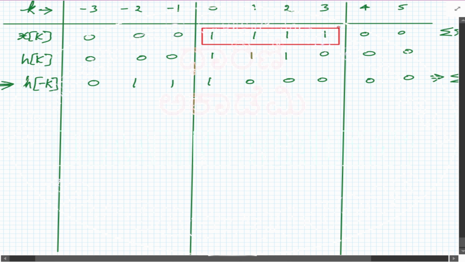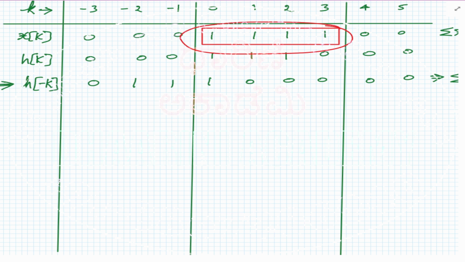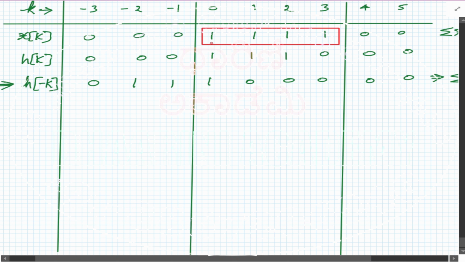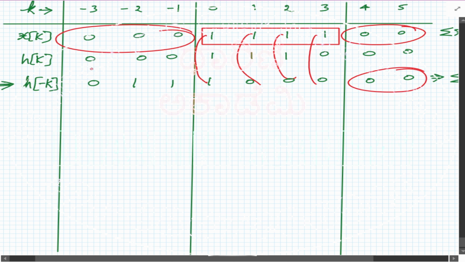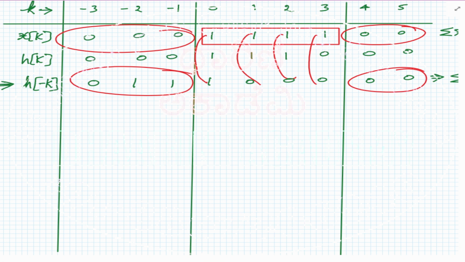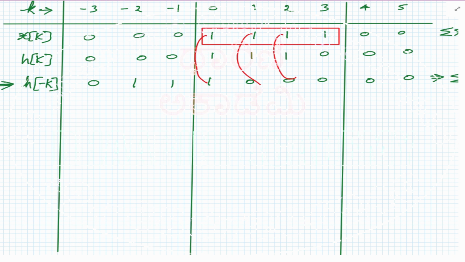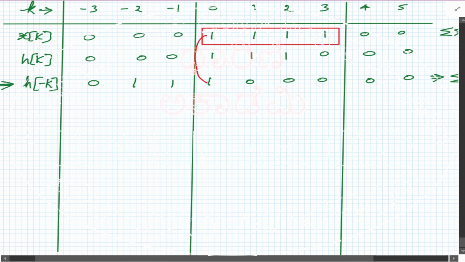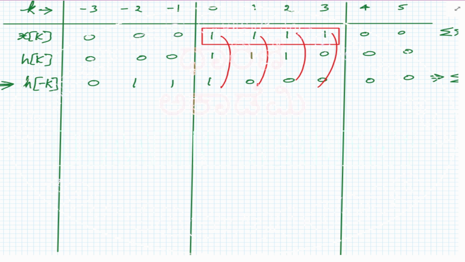Why did we put a box around this? Because only these values you need to calculate. This is 1 into 1, 1 into 0, 1 into 0, 1 into 0. That's all. Outside this, all zeros exist, so there is no meaning even if you multiply. So what's the answer now? This is equal to 1, because there is a summation.